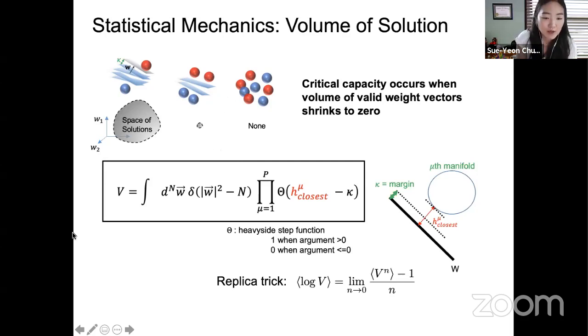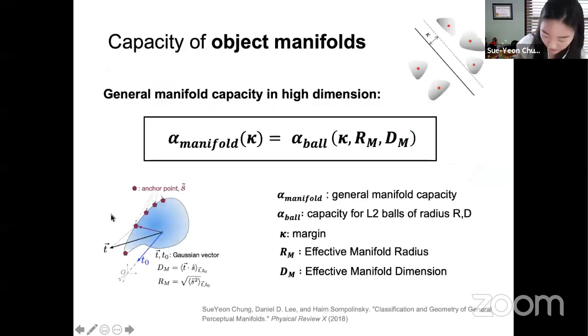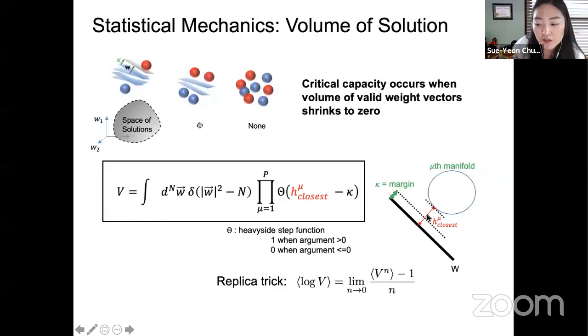And to compute the capacity, what you have to do is to explicitly write down the volume of the solution as a function of the geometry of an object manifold. To do this, we borrow a tool from StatMech called the replica trick. Now, what's different from the previous theory on points is in the expression for the volume of the solution, in the term that counts the qualifying region in the space of solutions.